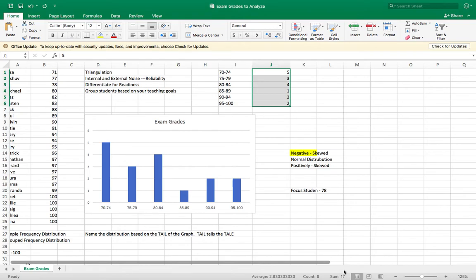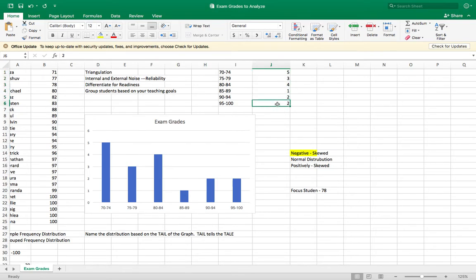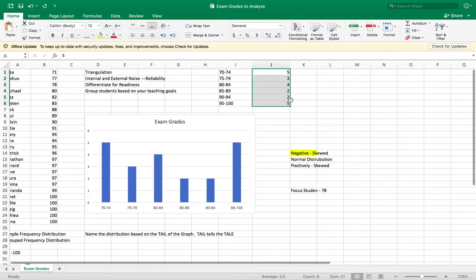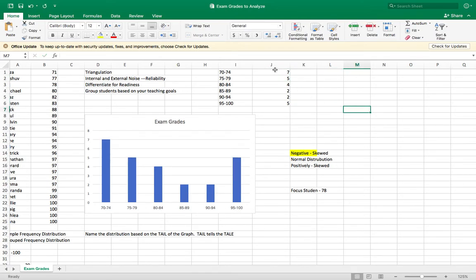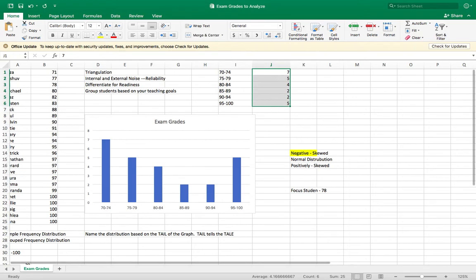I need 8 more, so I'm just going to do 5 there and 2 there. Now where am I? 21. Man, Dr. Cat does know how to add, I promise. All right, so I need 4 more. I'm going to do 5 and 7. Okay. Here we go. 25.